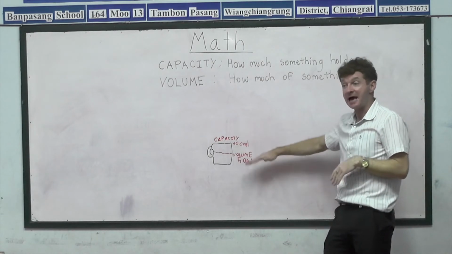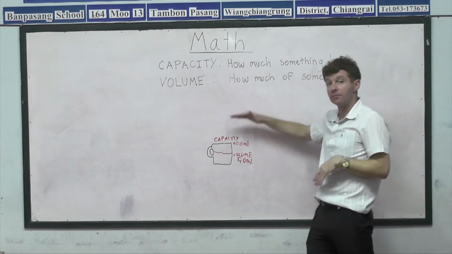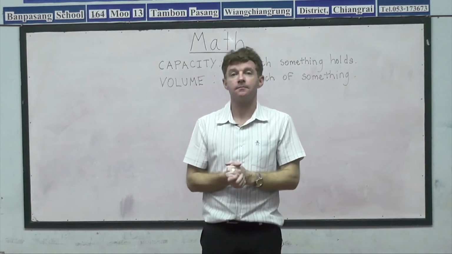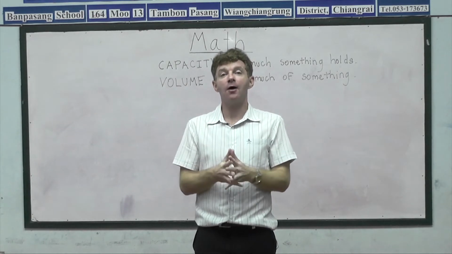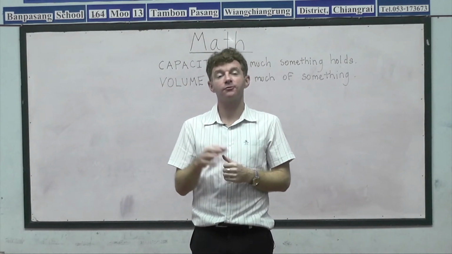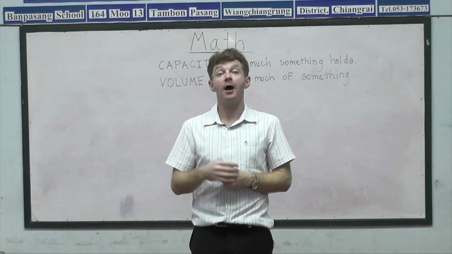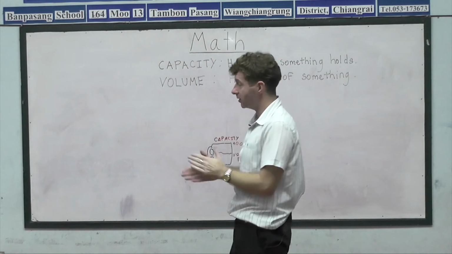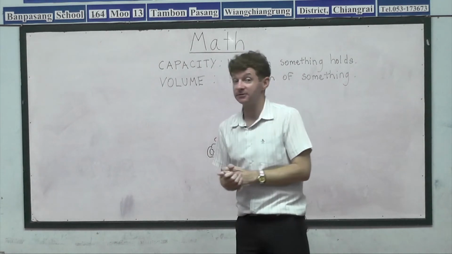Volume is inside, can never be more. So well done, guys, that was excellent. And now we've got a video song and a PowerPoint presentation so we can learn a little bit more about capacity and volume. So let's all turn our chairs to have a look at the TV screen.